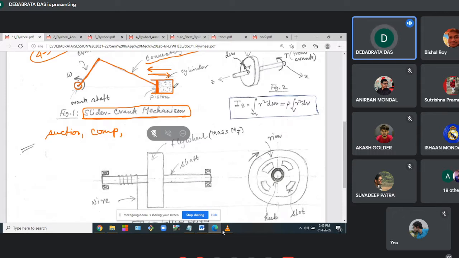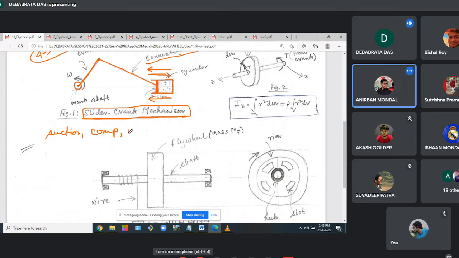Then, in the petrol engine, there is a spark due to the spark plug. Due to sparking, the burning of this fuel takes place, and due to that, this piston moves again to the outer end, right? So that is called the power stroke.